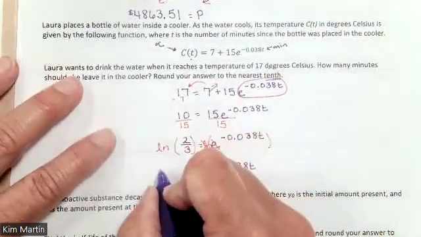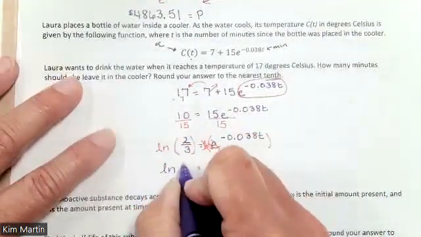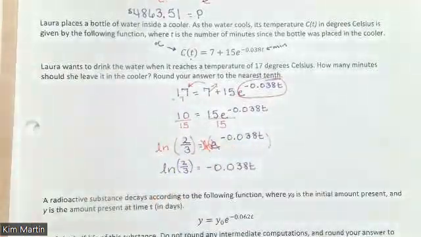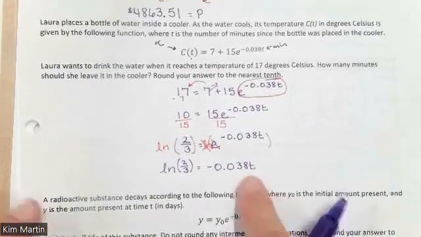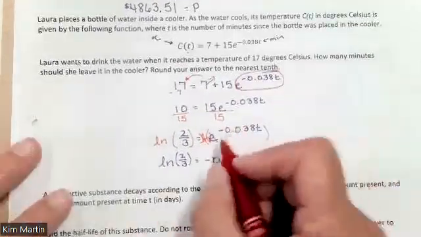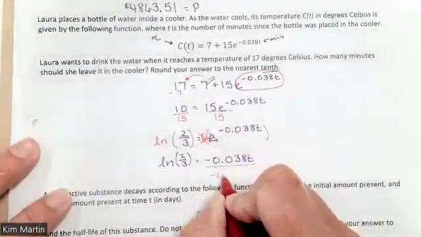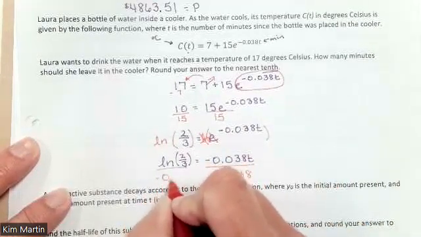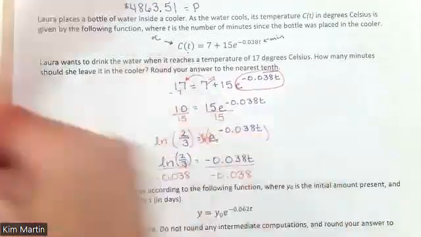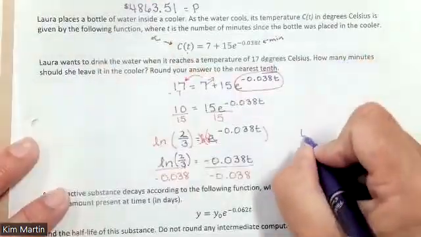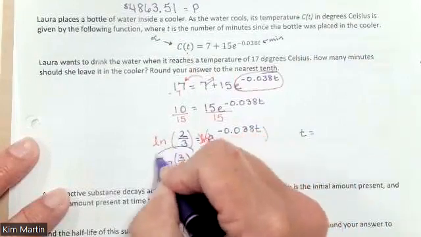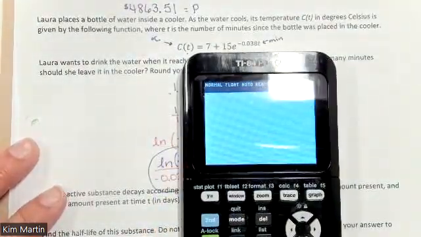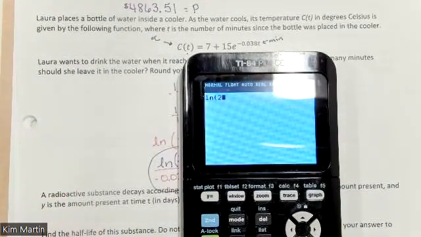So over here, I have the natural log of 2/3. I just like my fractions in parentheses. They don't have to be there. We're solving for t, so we are going to divide by negative 0.038. So I'm going to have t equals, and I'm going to plug this into my calculator. The natural log of 2/3.